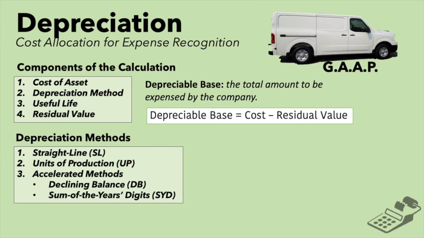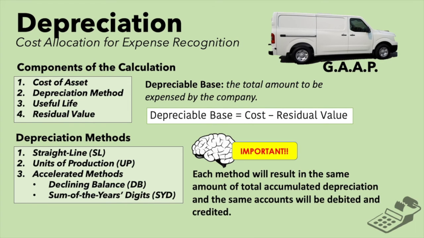The depreciation methods that we have at our disposal under GAAP to choose from are straight line, units of production, and then we have two accelerated methods, the declining balance methods, there's a couple different ones of those, and sum of years digits. What's important to remember is that each method will result in the same amount of total accumulated depreciation, and the same accounts are going to be debited and credited regardless of which depreciation method we choose.